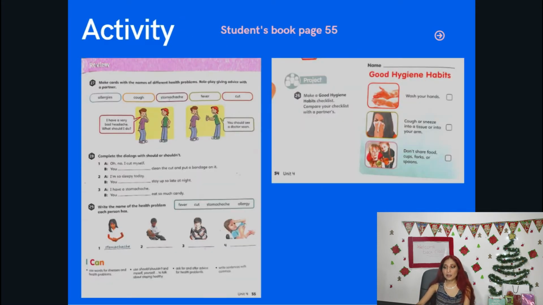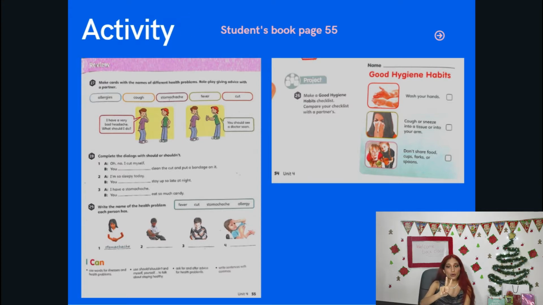So now let's check, because we're going to work in the students book on page 55, and this is the last page for the students book. Tomorrow we are going to start using the workbook. We're going to skip activity 27 and go all the way to activity 28, and it says complete the dialogues with should or shouldn't.